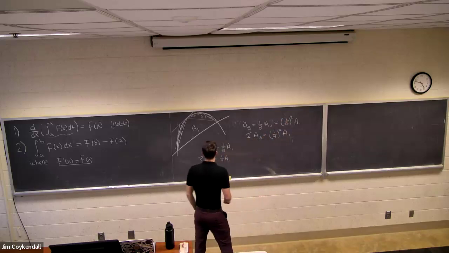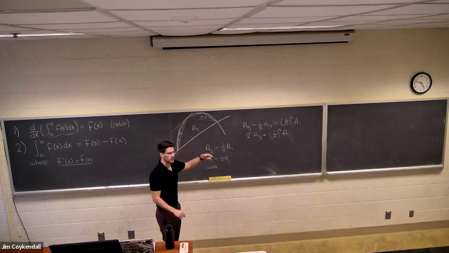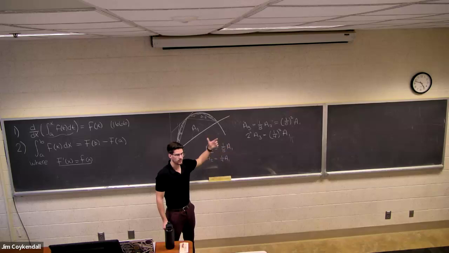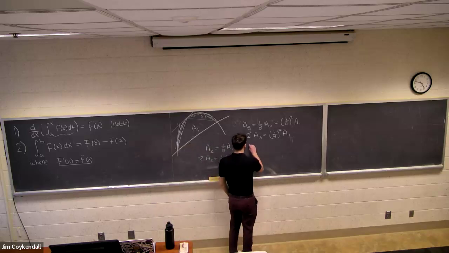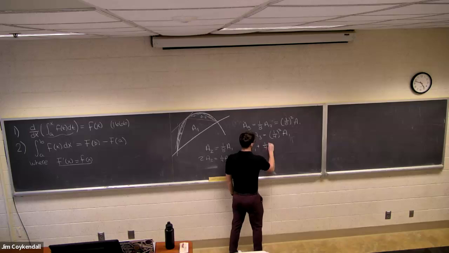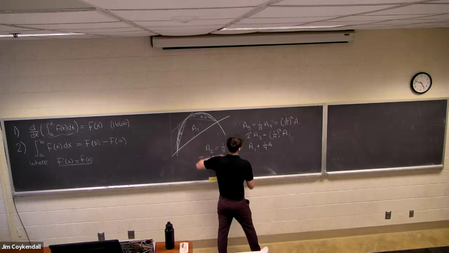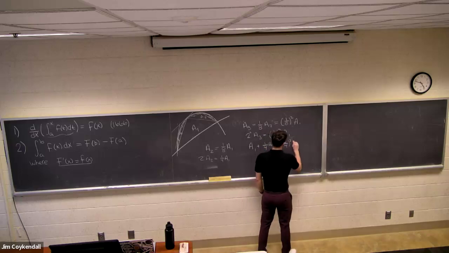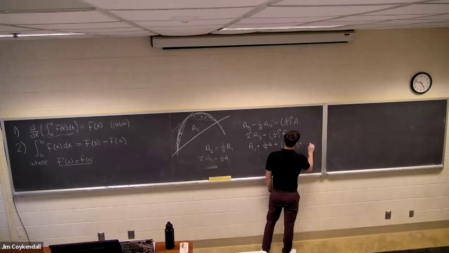So what's happening here? Every step I take, I multiply the number that I have by 2, and each area I multiply by 1/8. So I'm really multiplying by 1/4 each step, right? So I have A1 plus 1/4 A1 contributed by A2s plus 1/4 squared A1 contributed by A3s.